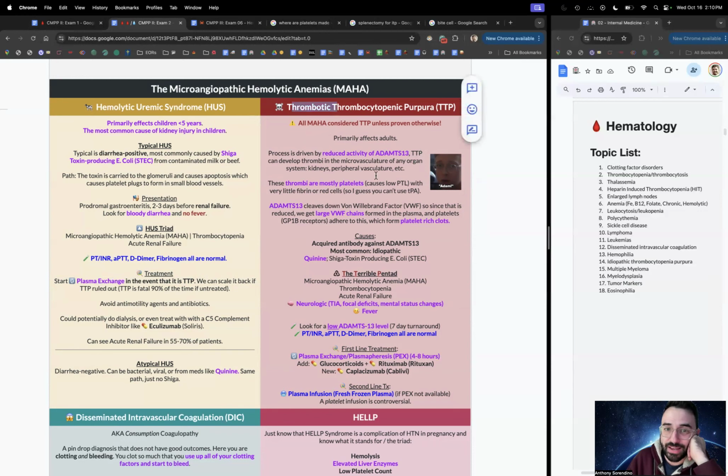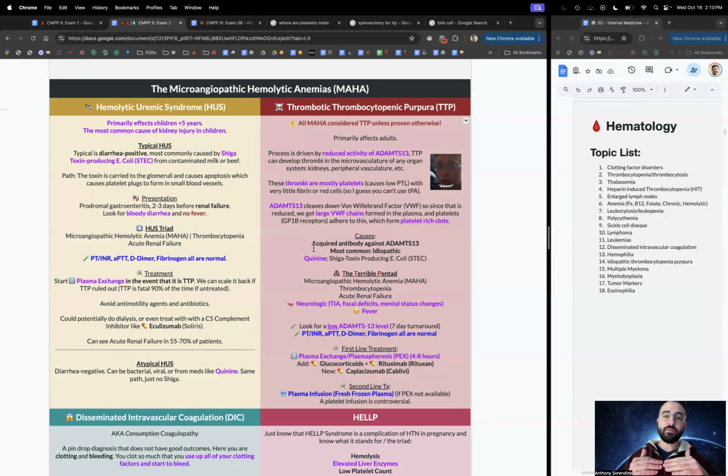This is thrombotic. So this is driven by activity of something called ADAMTS13. So what does ADAMTS13 do? It cleaves down von Willebrand factor. So what is von Willebrand factor? The way I think about von Willebrand factor is it is like Velcro in your blood vessels.